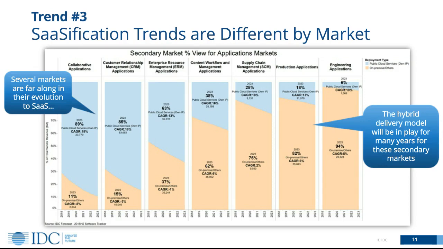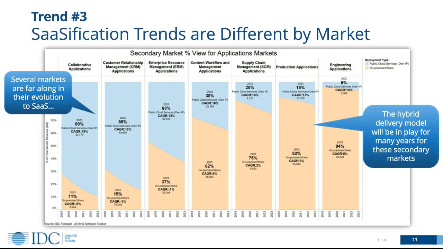So if you go over to engineering applications, they're starting to move. You can see the CAGR on that is 18%, but at the end of 2023, it's only 6%. So they're just starting their move, and they're benefiting from collaboration, but they didn't have that burning desire when cloud started coming out, because they typically live in a world where the products that they work with, your CAD and CAM products, they keep in a room.